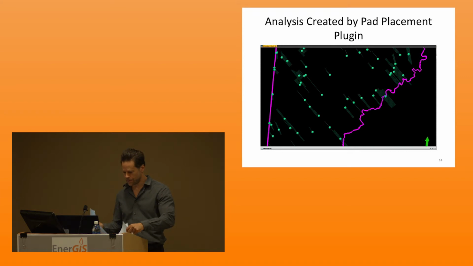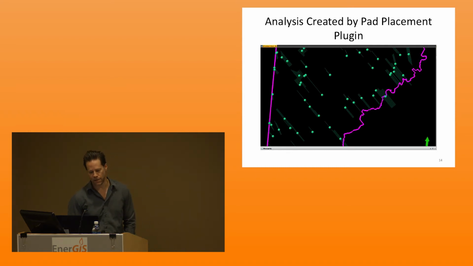So you enter all those parameters, you run the plugin, and this is the output from the plugin. The dots are the optimized pads, the locations for the pads, and the lines are the lateral lengths of the wells from the heel to the toe, and those are also optimized.